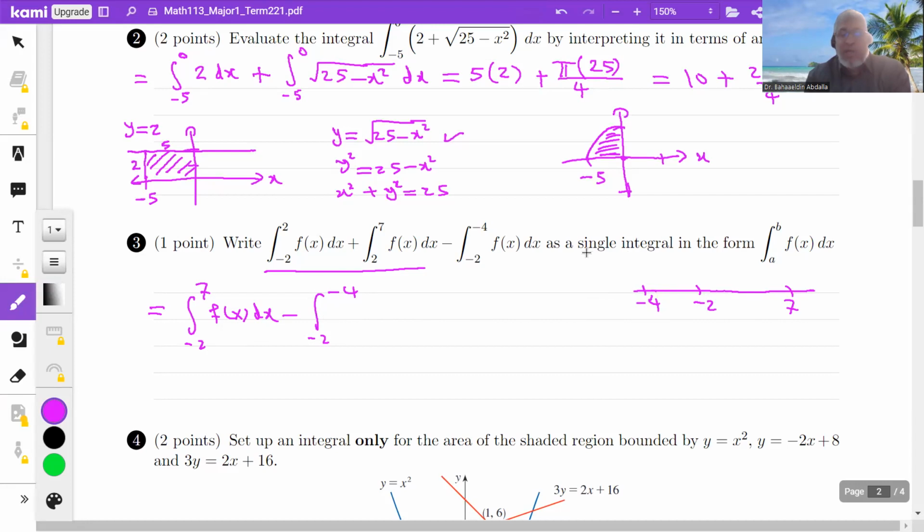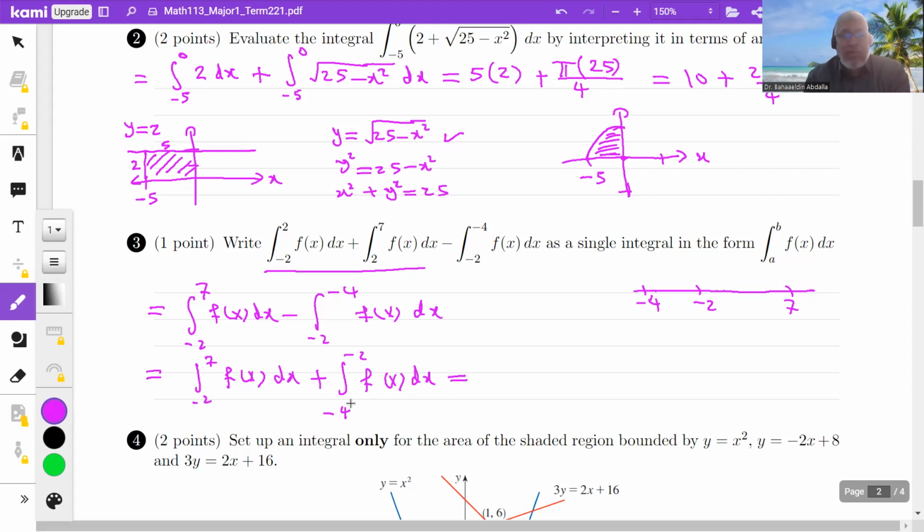So if I want to write it as a single integral, I will write it from -4 to 7. That's why I need to switch the limits of the second integral. So I can write it from -2 to 7, f of x dx, plus, when you switch the limits, you change, multiply by a negative sign.